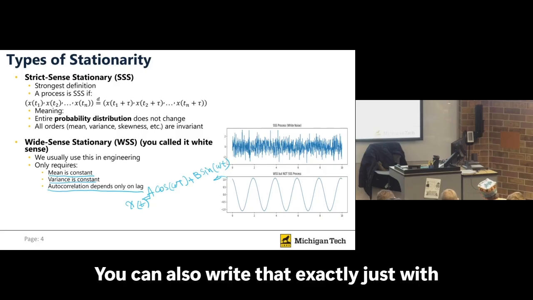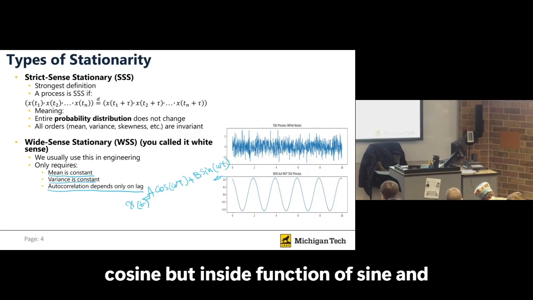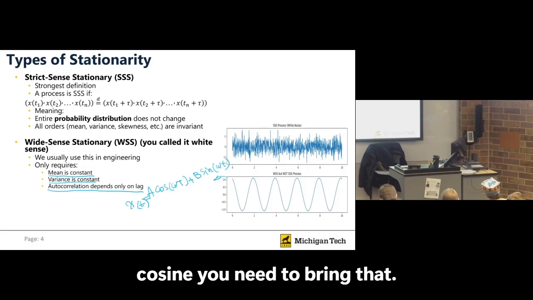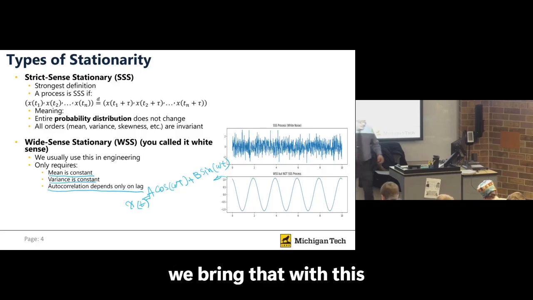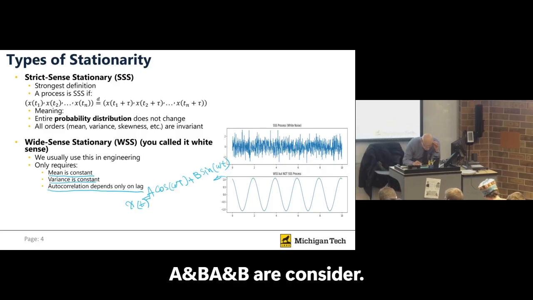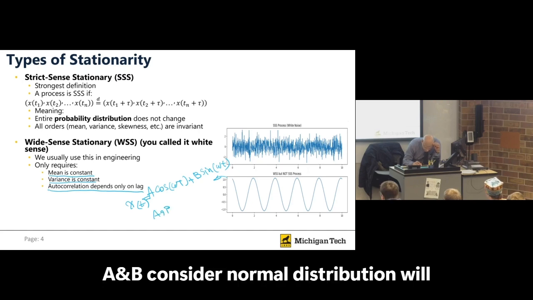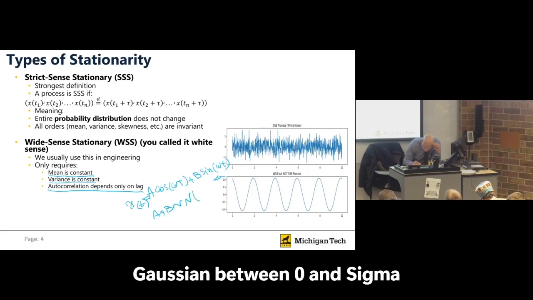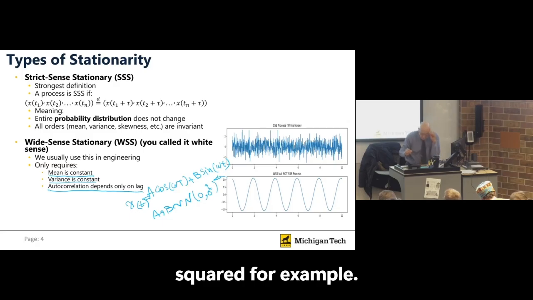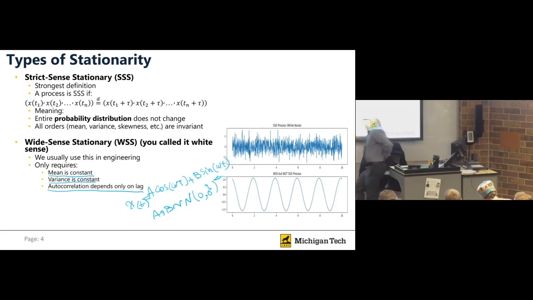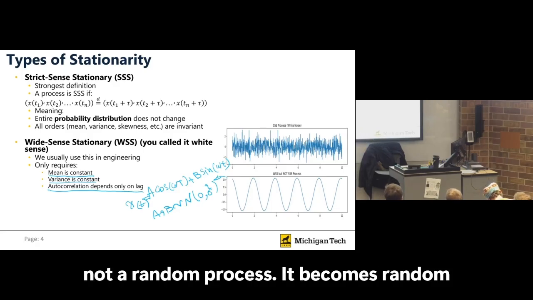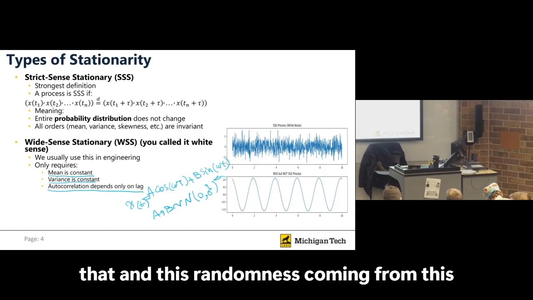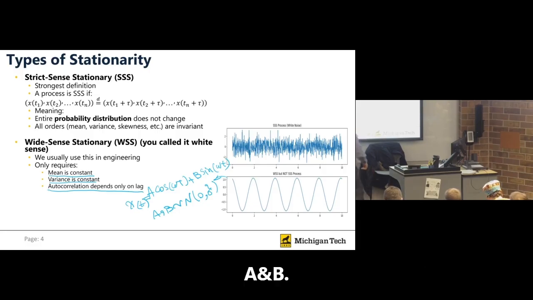You can also write it with just cosine, but inside the sine and cosine function you need to bring in a statistical form. Here we bring that with A and B. A and B are considered Gaussian, normal distribution with mean 0 and sigma square, for example. Without this, the formula is not a random process. It becomes a random process when you add randomness to it, and this randomness comes from A and B.